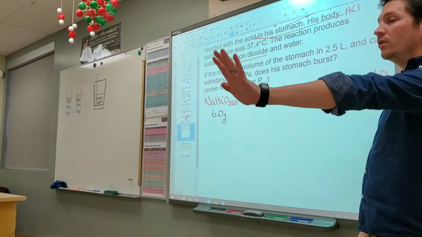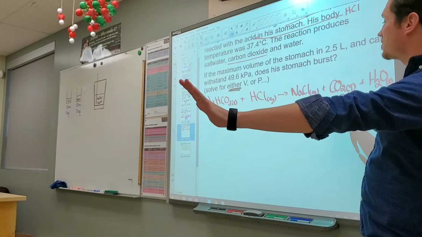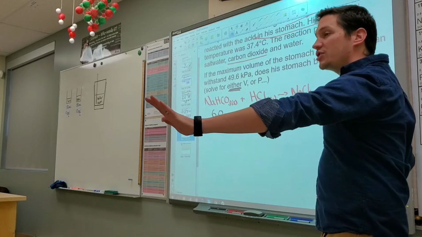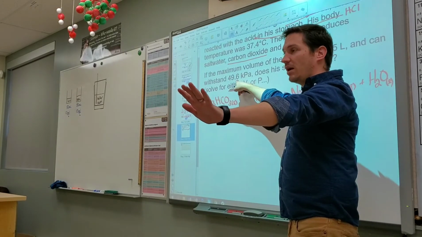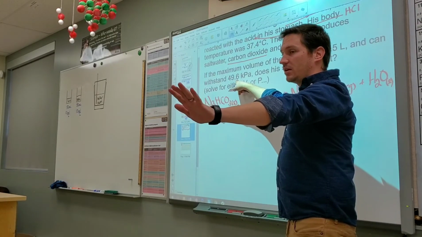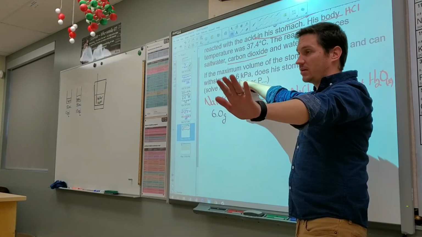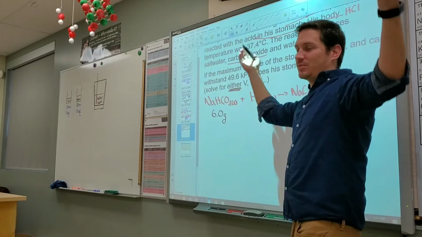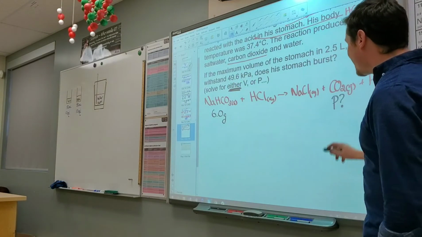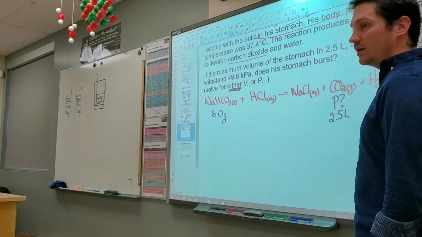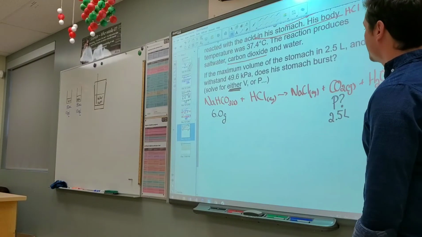So we're going to solve for pressure, and we want to see if the pressure goes over this, what happens to his stomach? It bursts. If the pressure is under this, it doesn't burst. So let's say his maximum volume is 2.5 liters.